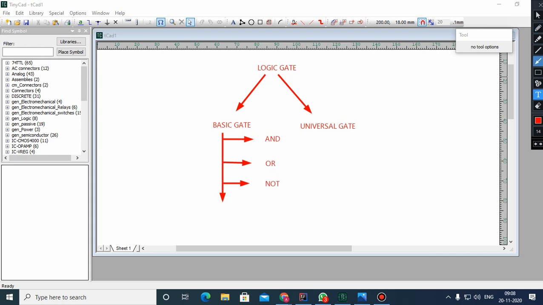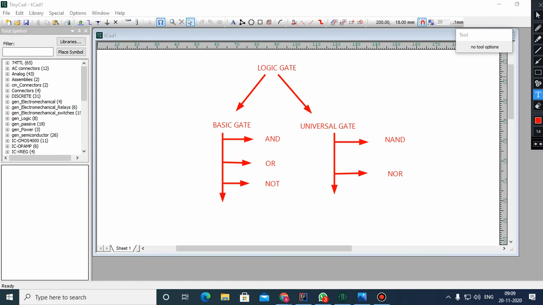And if we talk about universal gates, these are of two types. The first one is NAND, and the second one is NOR. These are the universal gates.